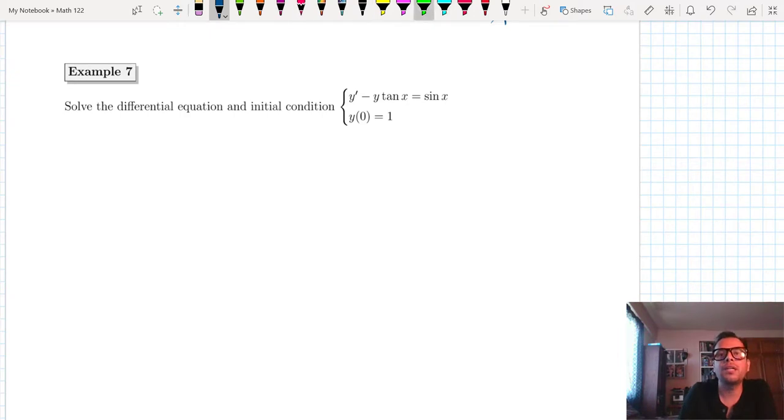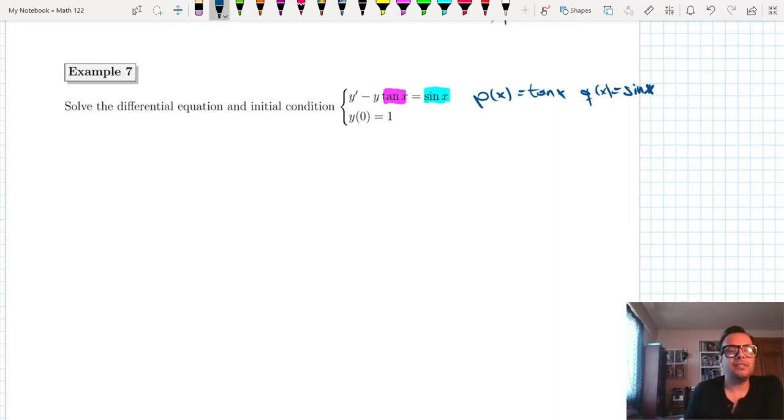So first of all, let's identify the p and the q. This is p and this is q. Let's write them down. P of x equals tangent, and q of x equals sine of x.